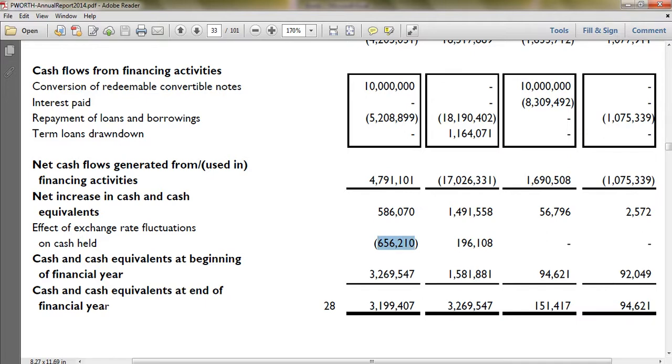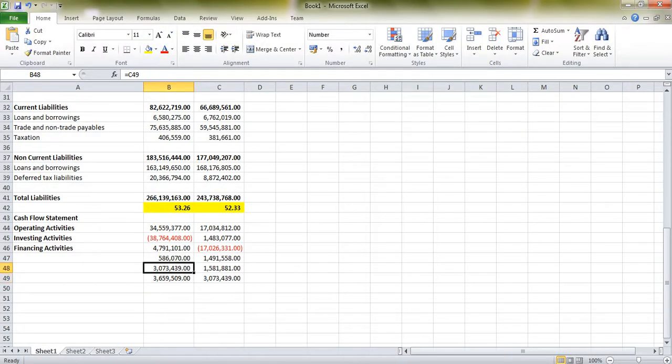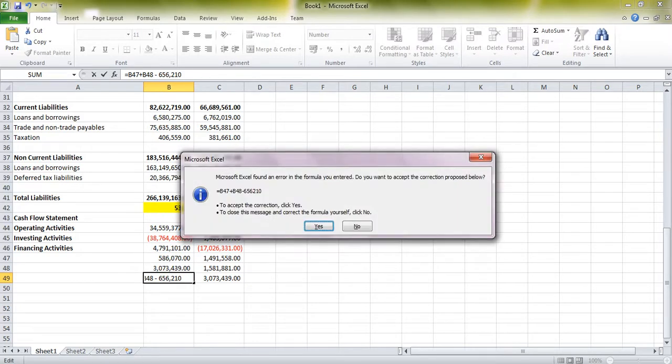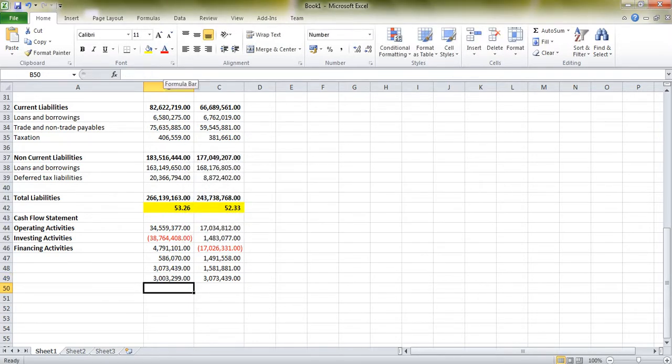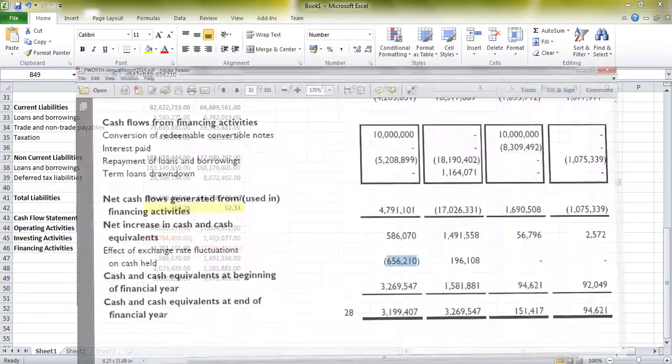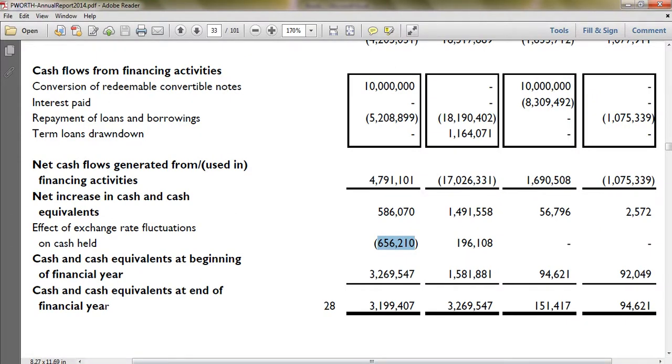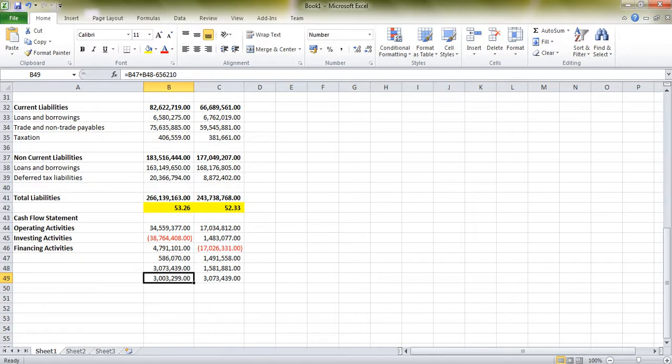This is the exchange rate, so you need to minus it out manually over here. Got no choice. Let's see, is it the same figures? It's not the same, so these figures over here, and then these figures plus this one should be the same figures.